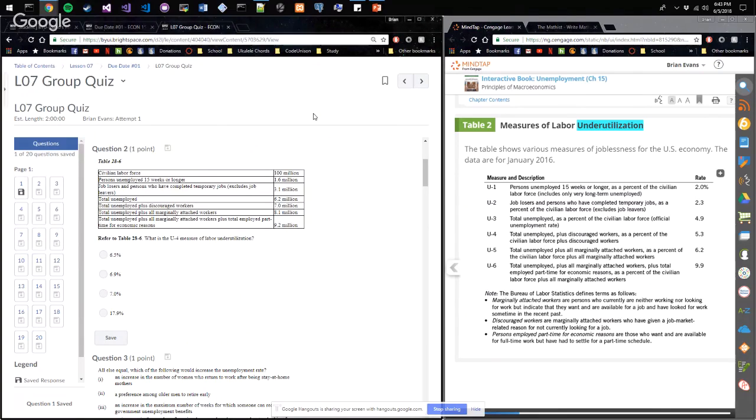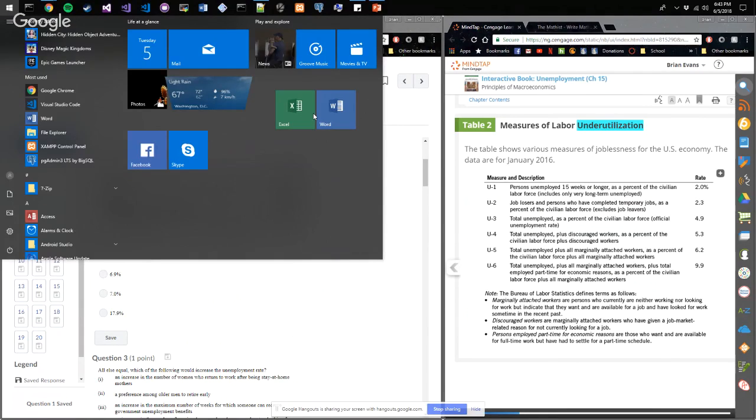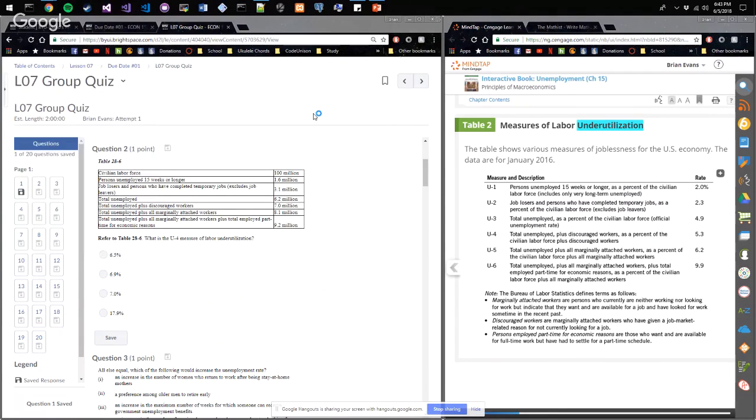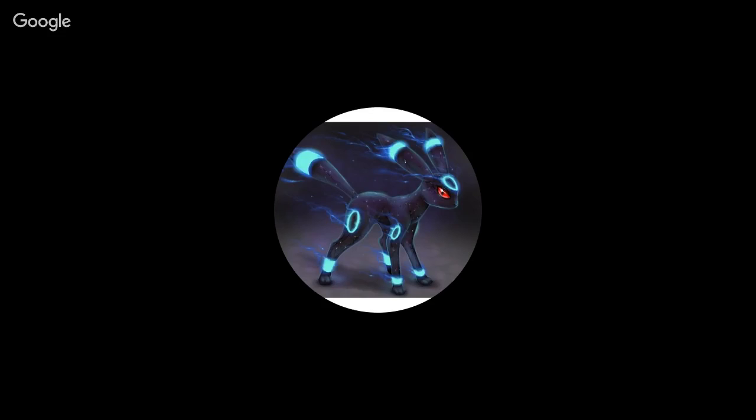Yeah, let me see if that'll work. I'm not sure if I have to stop screen sharing for you to do that, but I can give that a shot real quick. Stop screen sharing. There's me. So do you want to try screen sharing?